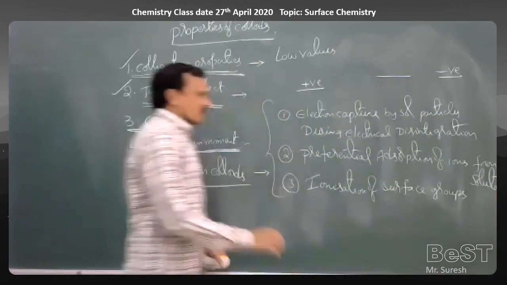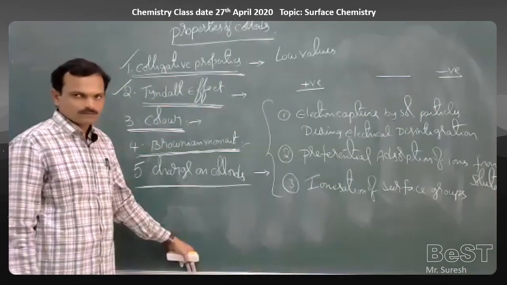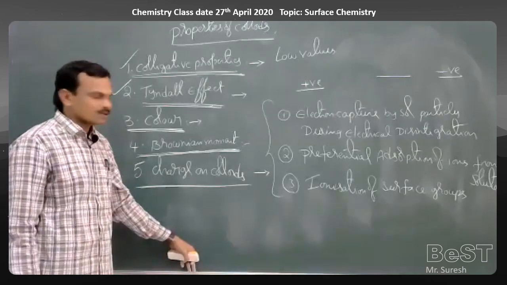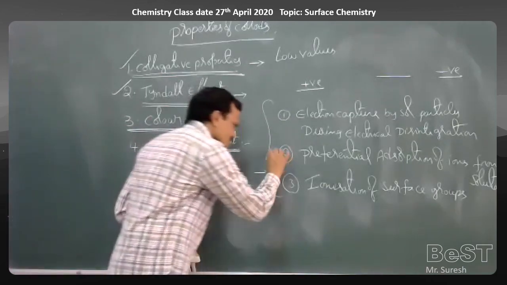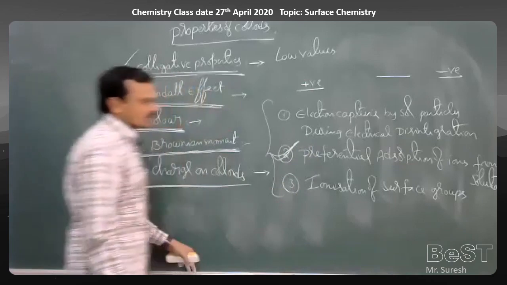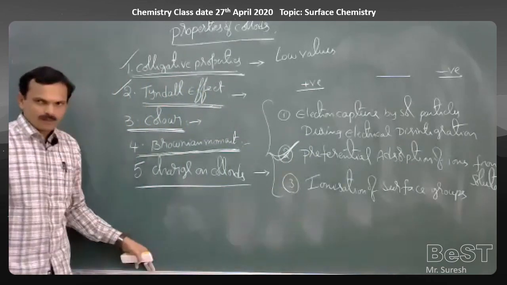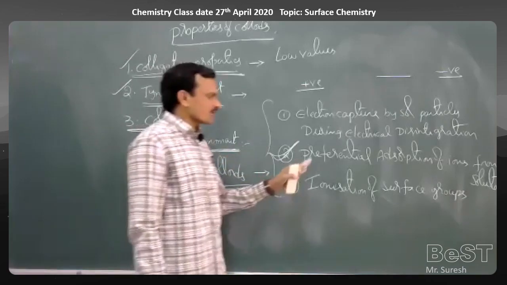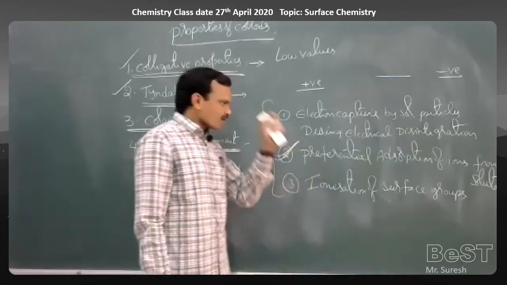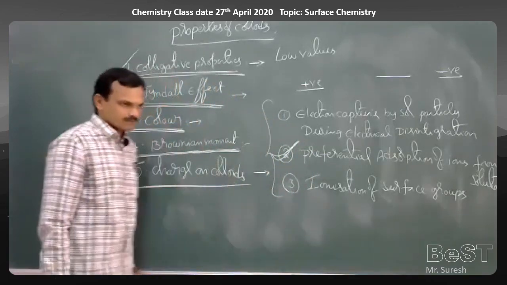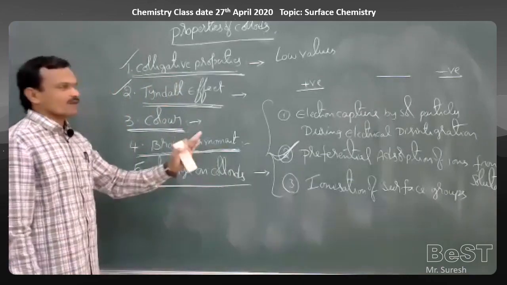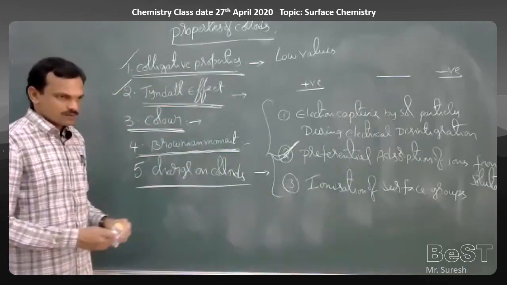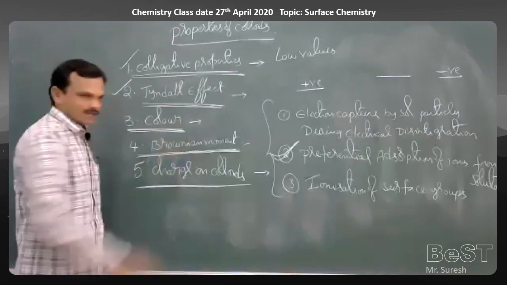The third is ionization of surface groups. Out of these three, the most accepted one is preferential adsorption of ions from solution. Due to the adsorption of ions present in the solution, the colloidal particle acquires some charge. In the next class we will discuss how.